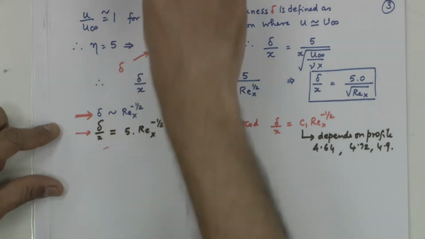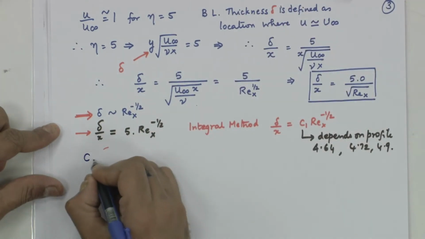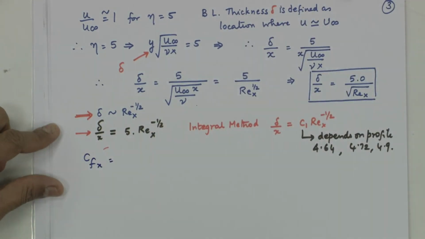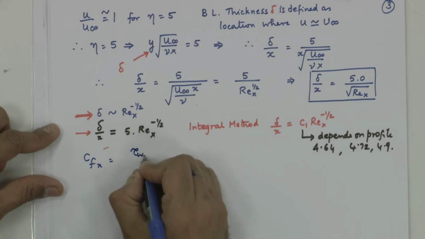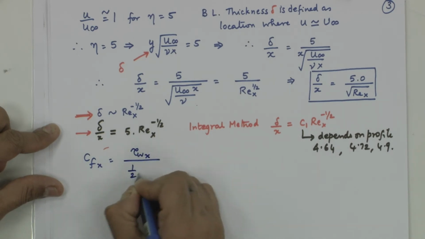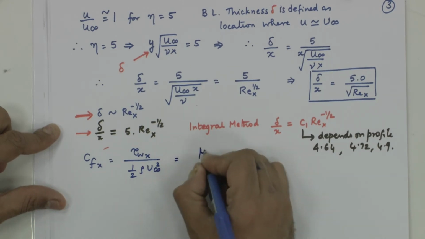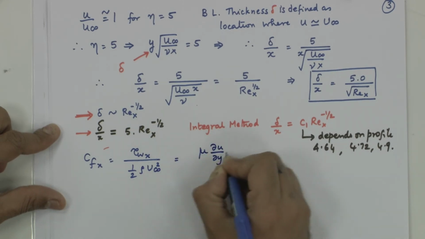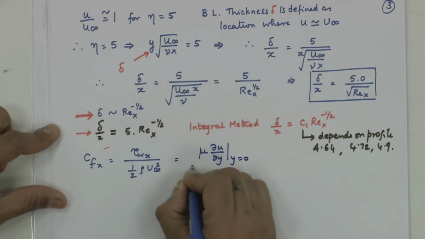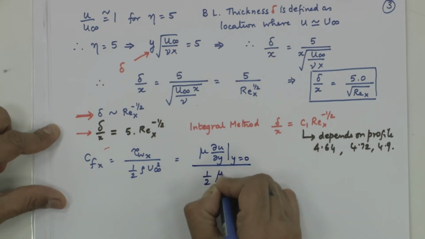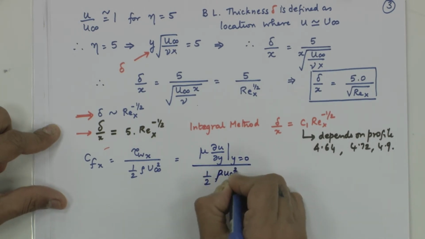Now, let us write Cf of x. As engineers, we need to know the coefficient of friction. So, that is tau wall x divided by half rho u infinity squared, which is nothing but mu du by dy at y equal to 0 divided by half rho u infinity squared.